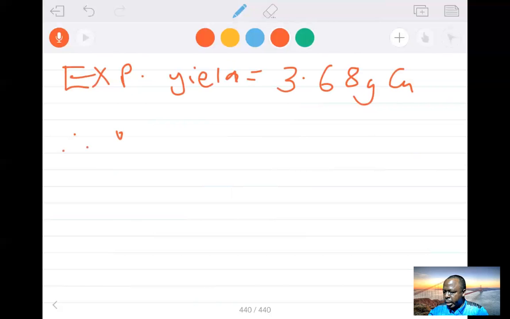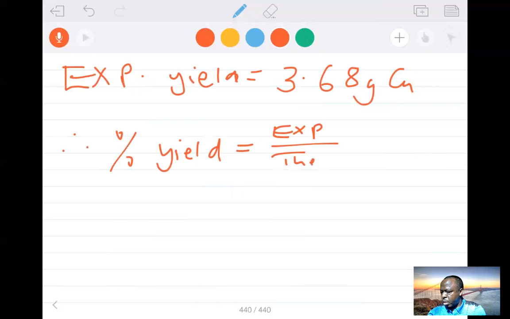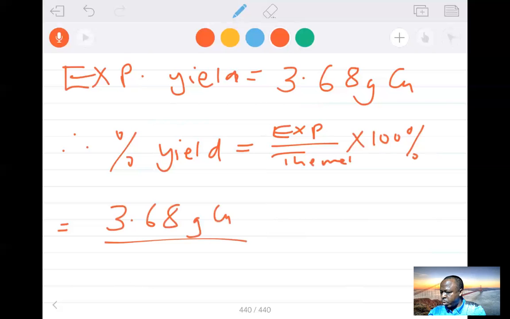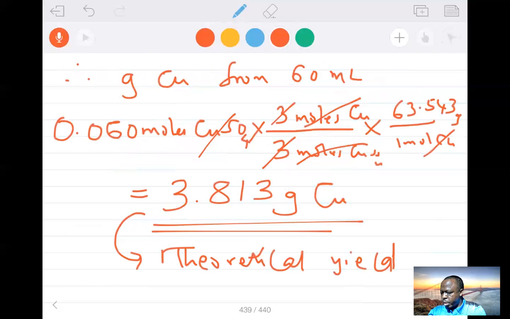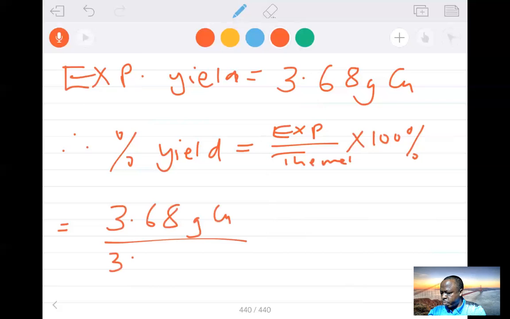therefore percent yield will be given by experimental over theoretical times 100%. So this will be 3.68 grams of copper over my theoretical 3.81 grams of copper times 100%.